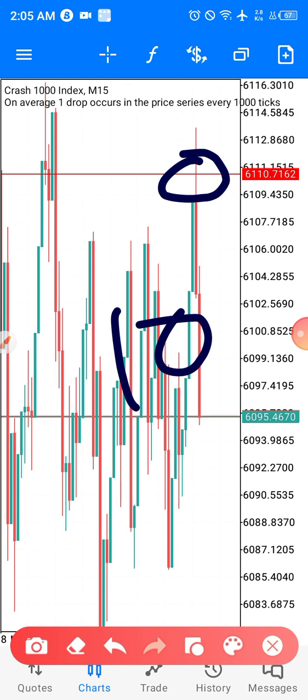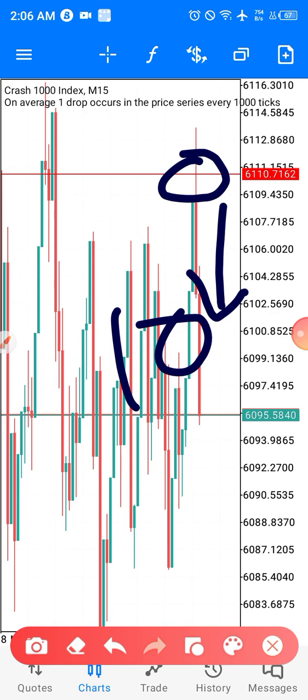There is every tendency that there might be a spike against me. Even if the trend is an upward trend, there will definitely be a spike before it will finally follow the trend.